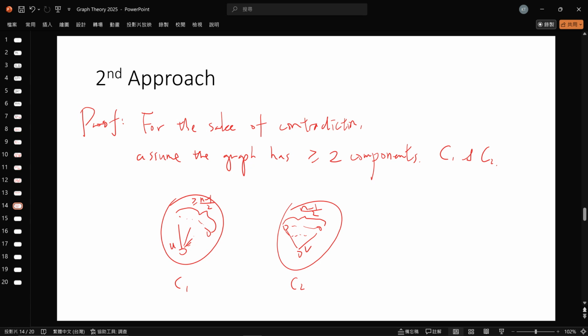So can you see where's the contradiction?